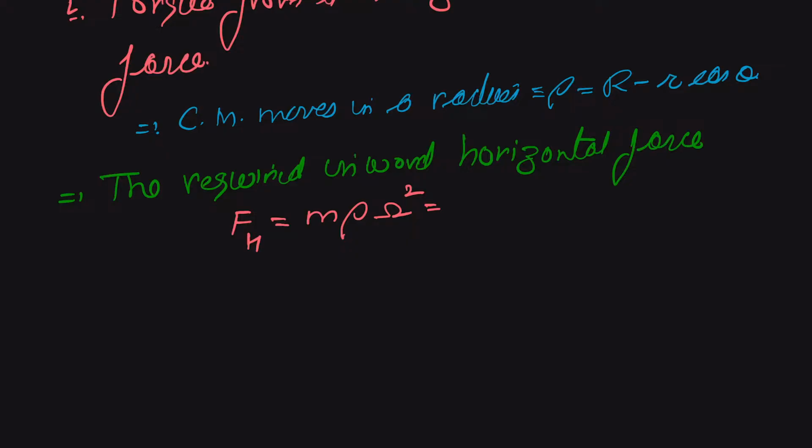And we can substitute the radius, so this comes as m R minus small r cos of theta and our omega square. Okay. And this force will be at a distance of our r sine of theta.